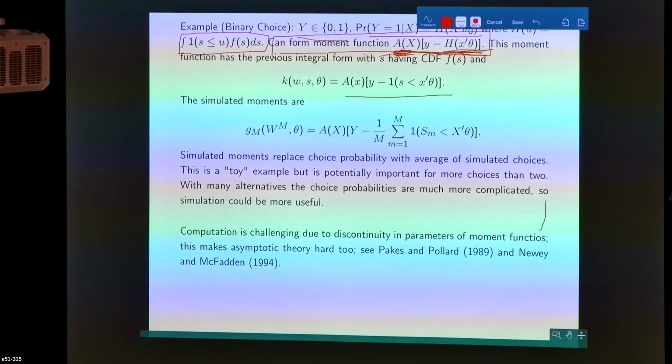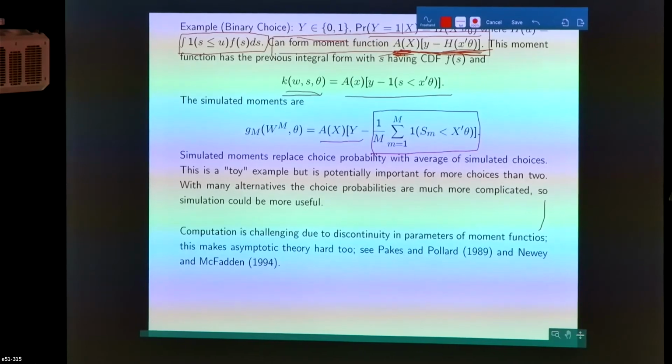And so what would simulated moments be? Well, you would draw a bunch of epsilons for each i, and you would average over the simulation draws. Because these other terms don't depend on S, in the averaging they just come out. A of x comes out too in the averaging of the part involving S. And in the residual, you get a sample average of an indicator function for S_m less than x prime theta.